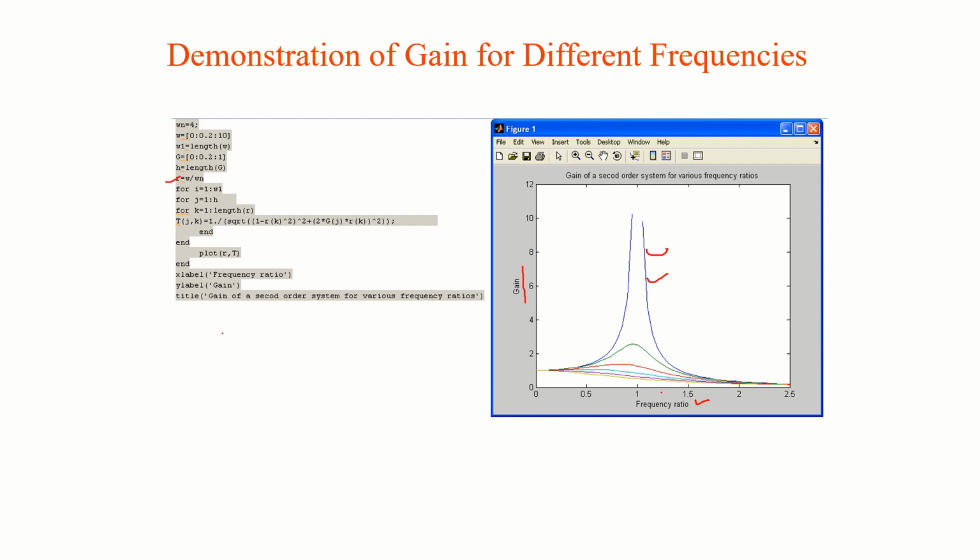So at particular frequency ratio, when natural frequency and the system frequency are equal, that is frequency ratio is 1, you can see the resonance occurring. So these kind of things we can simulate over here. So type this program in MATLAB and you can see this, right?